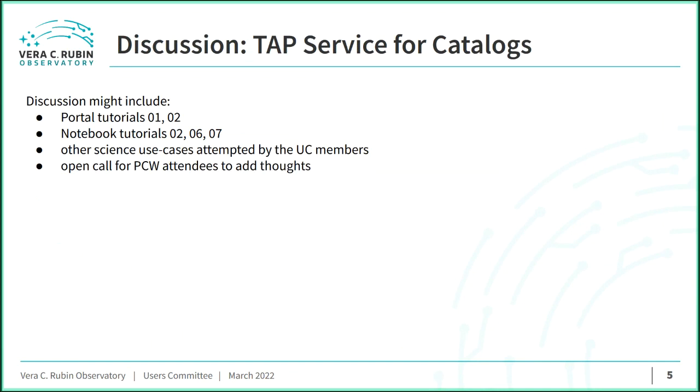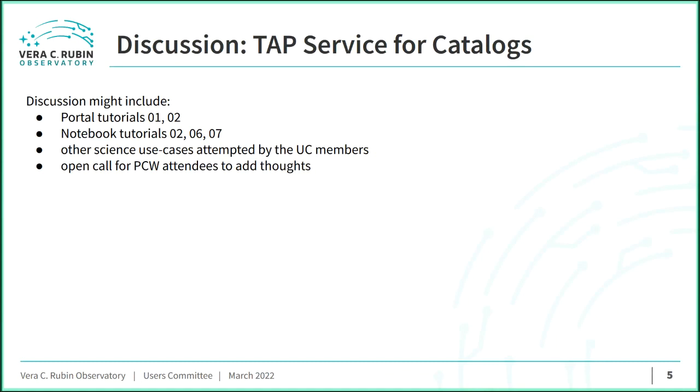Also, user acceptance testing of the Rubin Science Platform is going to become part of the CET's duties. We will be working with the users committee to do more formal user acceptance testing on the RSP, also working with the RSP developers on that as well. So those are the main ways that we interact. That was a Blue Jeans question.